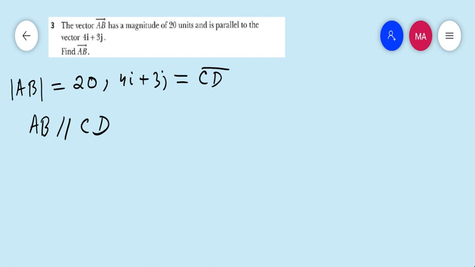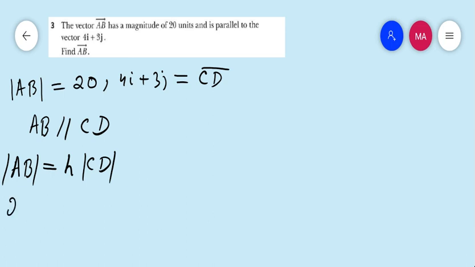Students, if two vectors are parallel, it means they are multiples of each other. So I am going to write AB equals h times CD. h is a number. Multiple means any number; it can be negative, it can be positive. Now our target is to find the value of h first. So apply the magnitude on both sides.